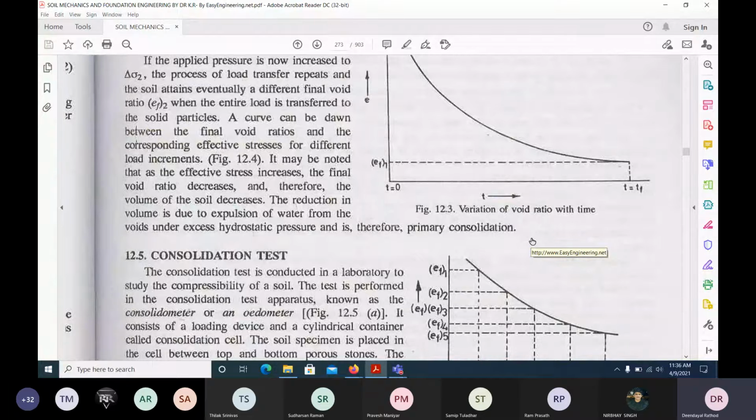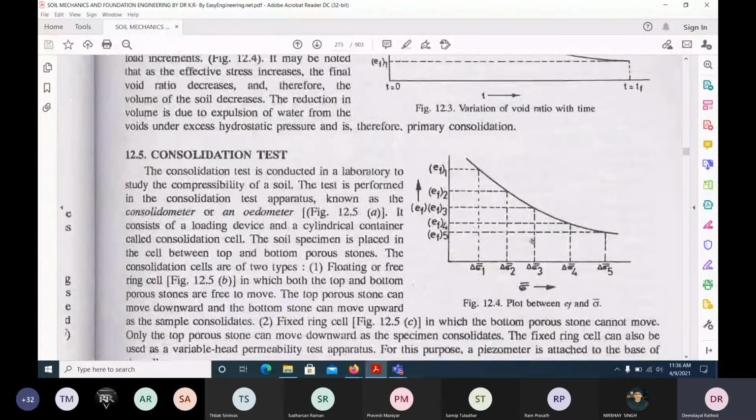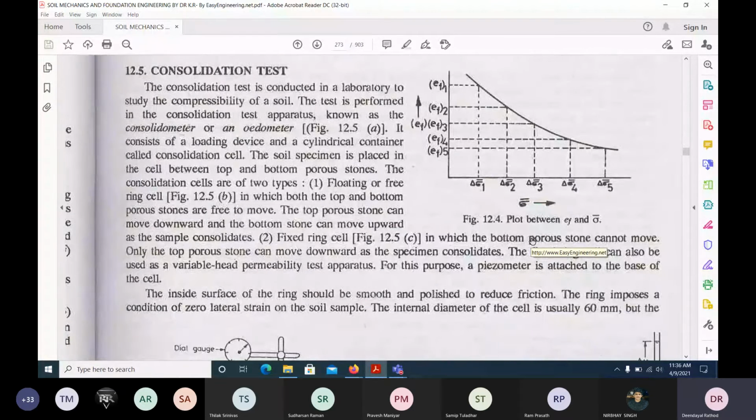This is of our interest because when you construct a building, because of the heavy load, we will simulate for this load how much can be the settlement, so that whatever results we are getting in the laboratory can be simulated to the field also. It is a very important property, consolidation.